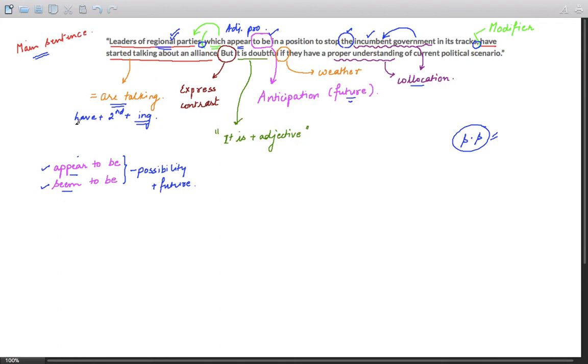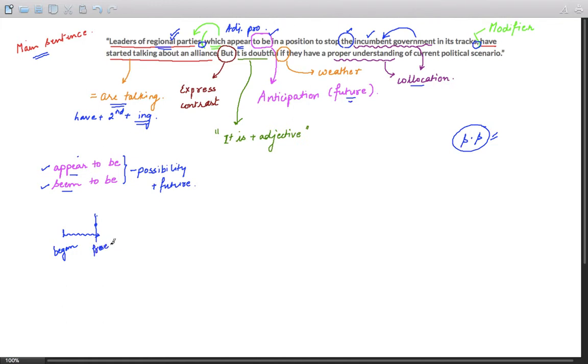When you're using have started talking, it refers to an event that started somewhere and is continuing in the present. So it began over here and it is continuing.